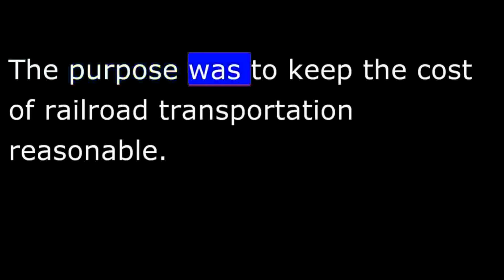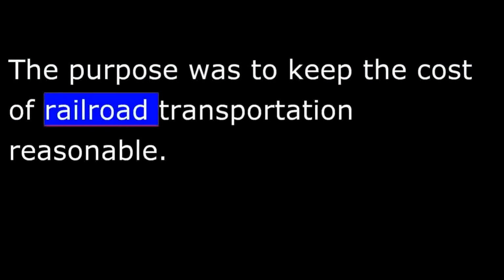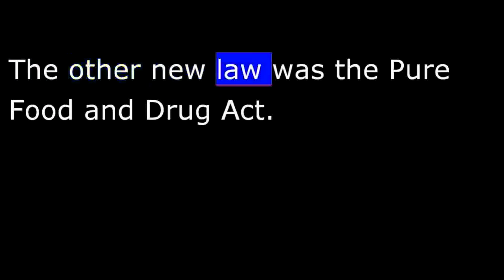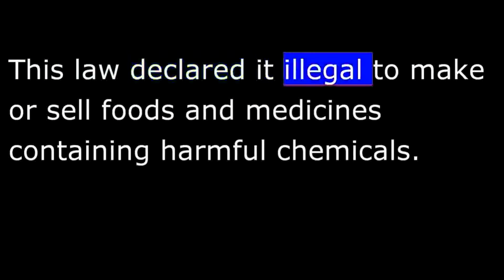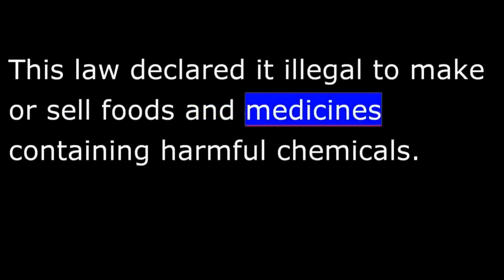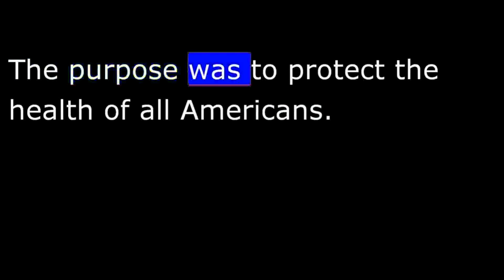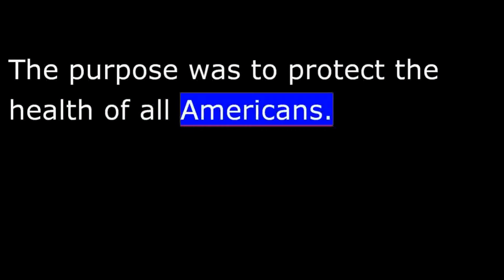The purpose was to keep the cost of railroad transportation reasonable. The other new law was the Pure Food and Drug Act. This law declared it illegal to make or sell foods and medicines containing harmful chemicals. The purpose was to protect the health of all Americans.